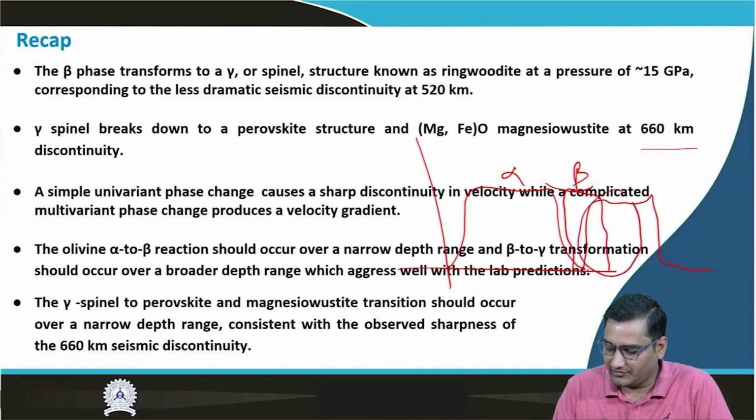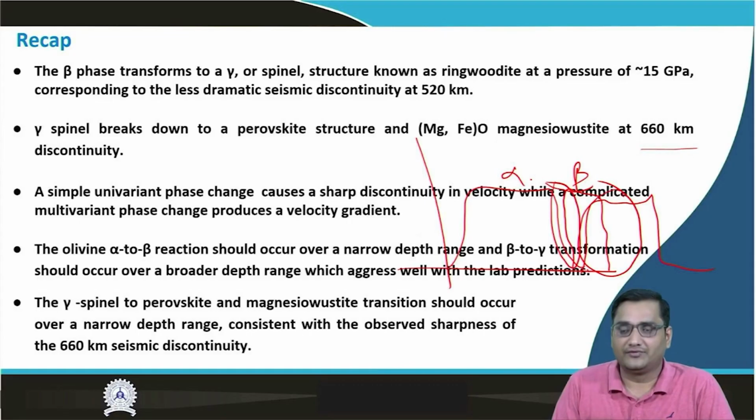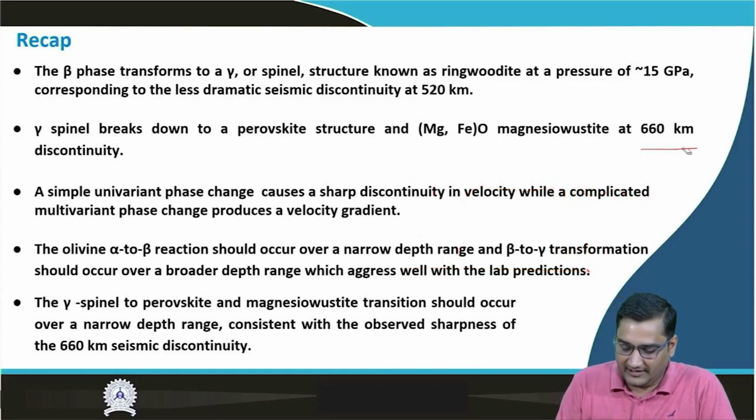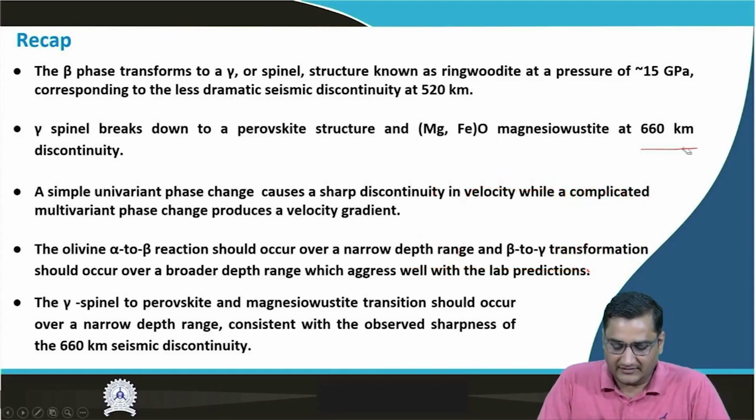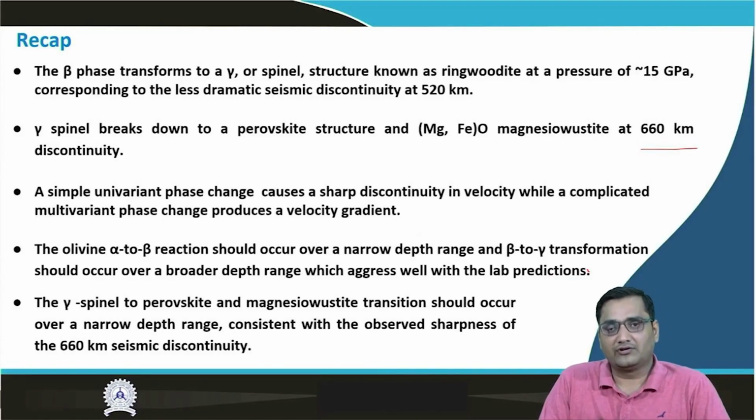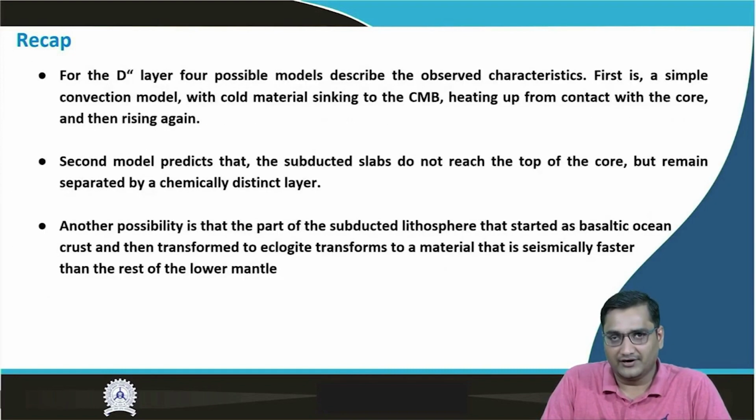Then the gamma spinel to perovskite and magnesiowüstite transition should occur over a narrow depth range, consistent with the observed sharpness of the 660 kilometer seismic discontinuity.